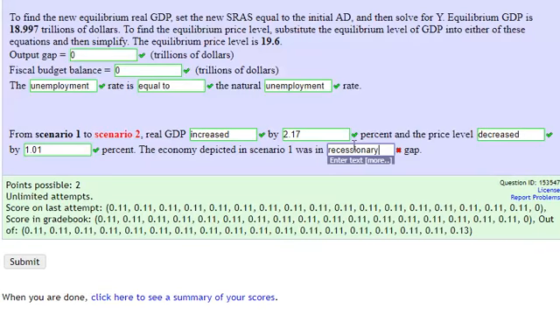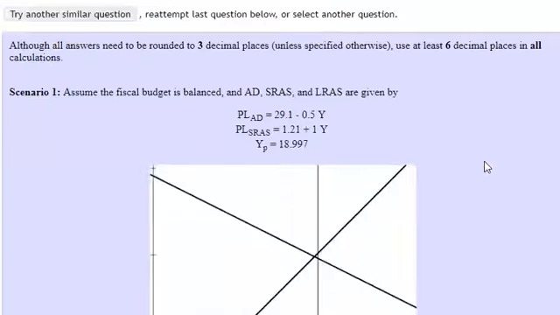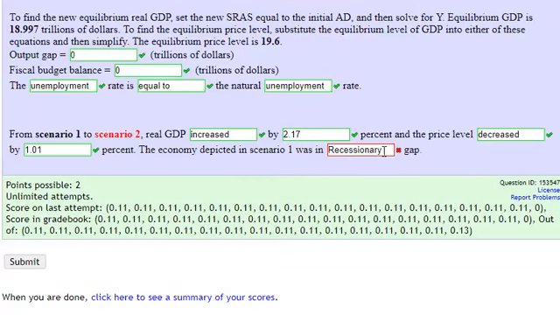That's weird. Should be recessionary. Okay, there's a problem with the algorithm. I'll fix it. It should be recessionary. Let me fix it real quick. Okay, it should have been, was in a recessionary gap.